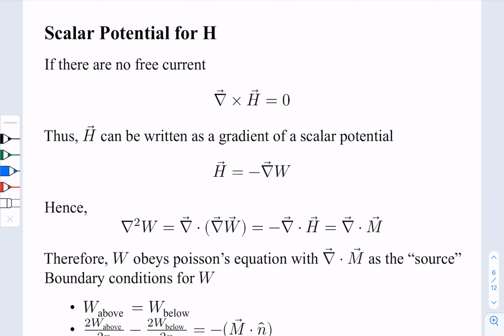So the idea here is also similar to what we just discussed. So we want to map the skill that we have learned in the electrostatic problem into these magnetostatic problems.